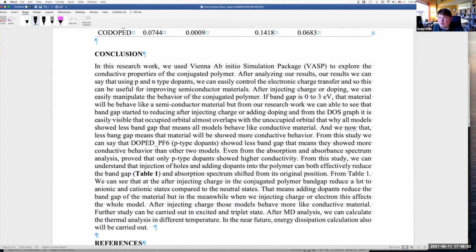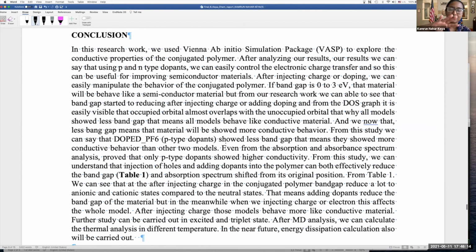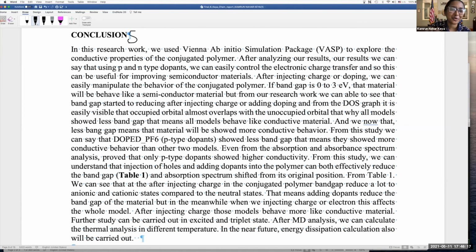We'll share it. Would you like to briefly summarize before we dismiss the meeting? Okay. So what we are able to see from the whole project: we did two things. One, injecting charge, and another, adding dopant. We are trying to explain which one will show more conductivity.